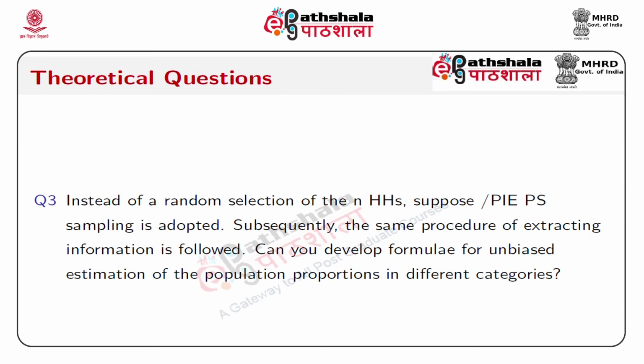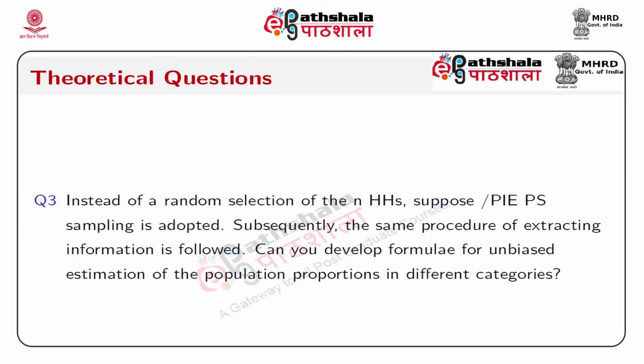That was also straightforward along the same line. Now they are saying make a subset selection of the households, but by adopting a suitable pi-PS scheme, because you know the household sizes that can be used as an auxiliary size measure, and if the conditions are satisfied, we can possibly go for a pi-PS sampling scheme. If that has been done and you have followed the same procedure of extracting information, that means whenever you have got the household selected according to the pi-PS scheme, after that, in extracting data, you follow the same rule.